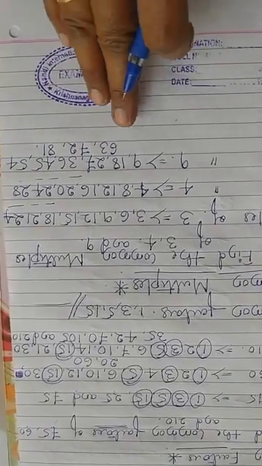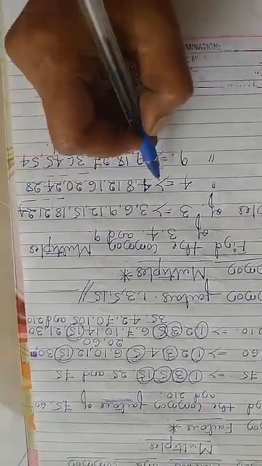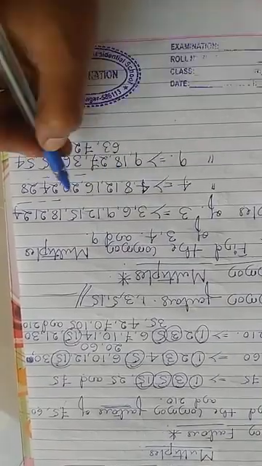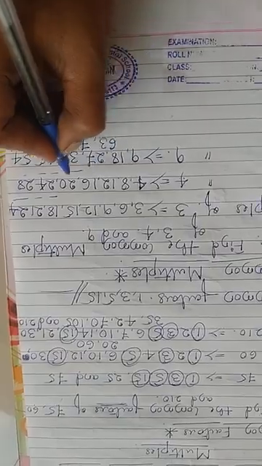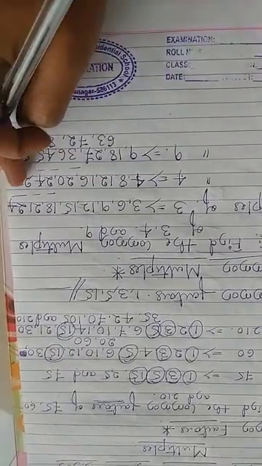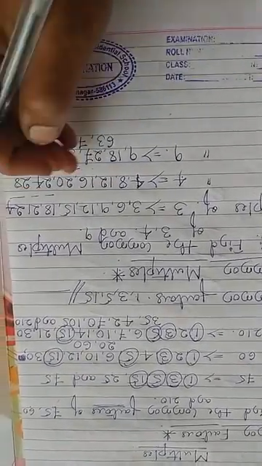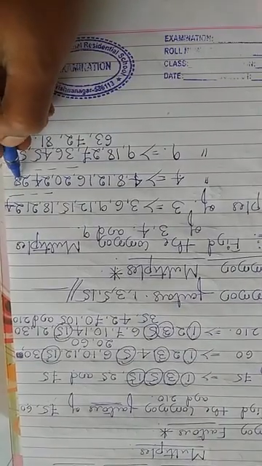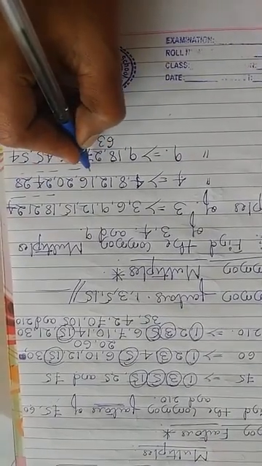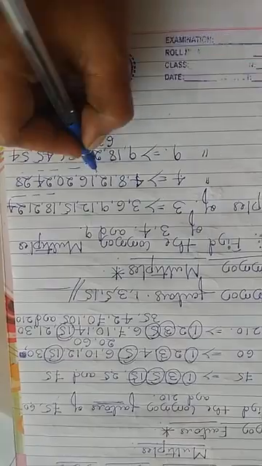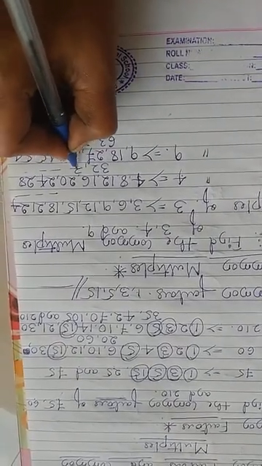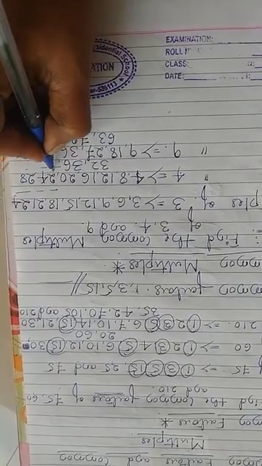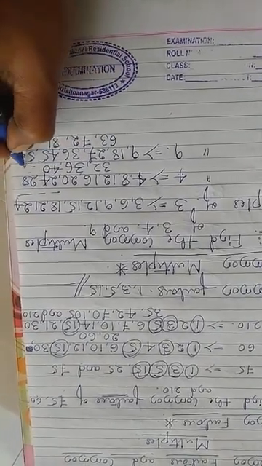Next, 4 7s are 28, and 4 more you have to write: 4 8s are 32, 4 9s are 36, 4 10s are 40.